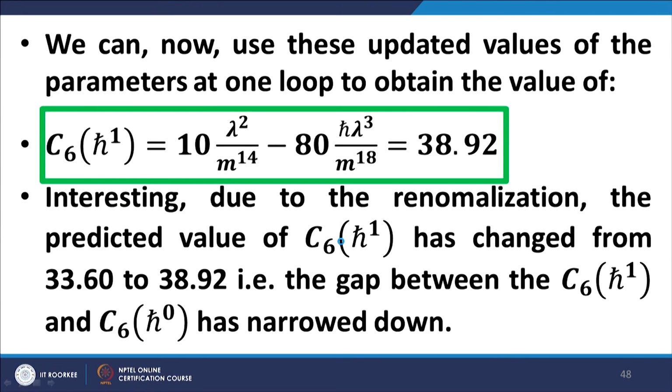When we input these updated parameters at the one loop level into the expression for C6, which is also at the one loop level, we get the value 38.92. Right. The discussion on this set of results I will take up after the break. Thank you.